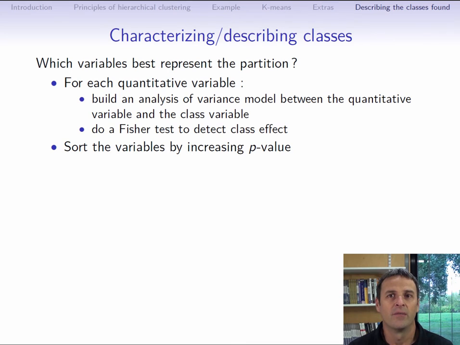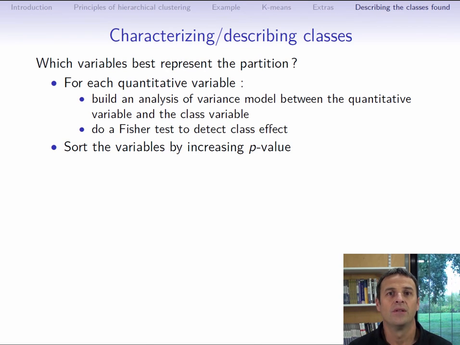Thus, looking for the variables that best characterize a partition really just means looking for the variables that best characterize a qualitative variable. For each quantitative variable, we can build an analysis of variance model for it, which will play the role of response variable as a function of the class variable, which will play the role of covariate.